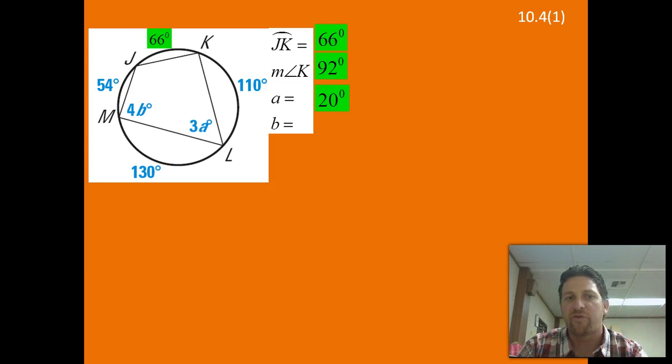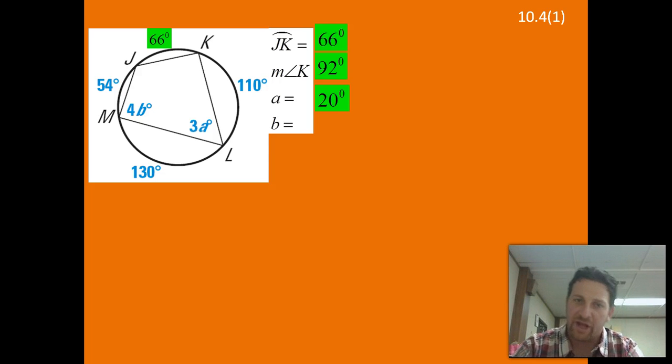Now we're going to do the same idea here for B. If I look at B, 4B is right there at the vertex of angle M. So angle M extends out to points J and L, and if I follow that arc, it goes from J to K, which is 66, and then from K to L, which is another 110. So now I'm at 176. Now I'm going to cut that 176 in half. Half of 176 would be, let's see, half of 166 is 83, and then add 5 more to that, so 88.